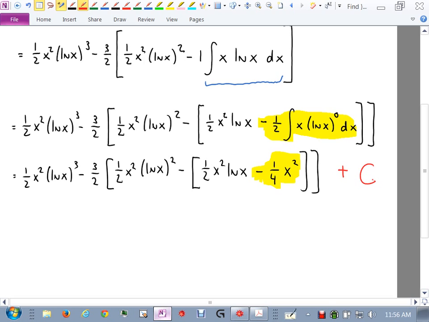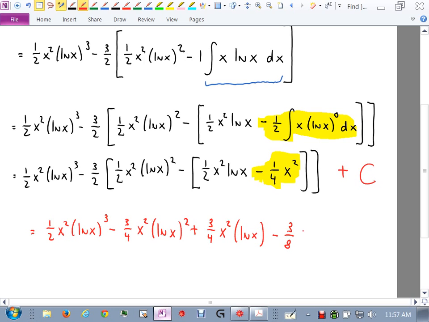I'll just tell you what you should get. When you're done, it's 1/2 x squared natural log x cubed minus 3/4 x squared natural log x squared plus 3/4 x squared natural log x minus 3/8 x squared plus c.